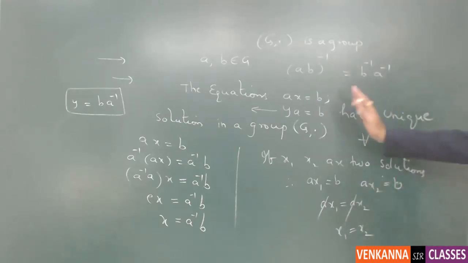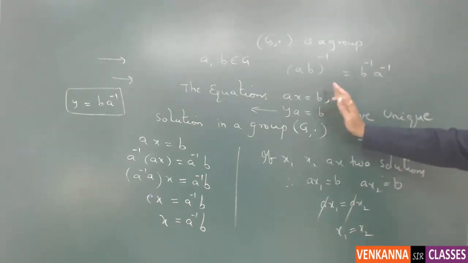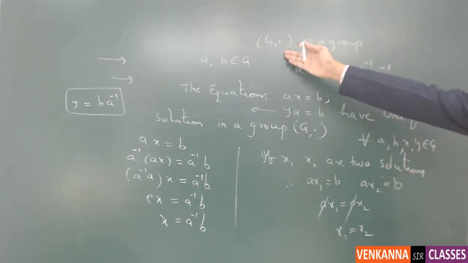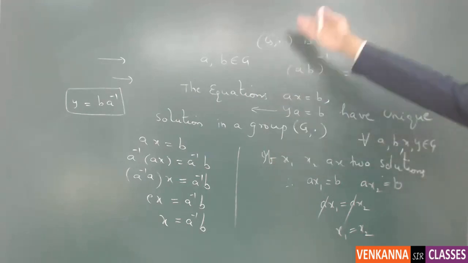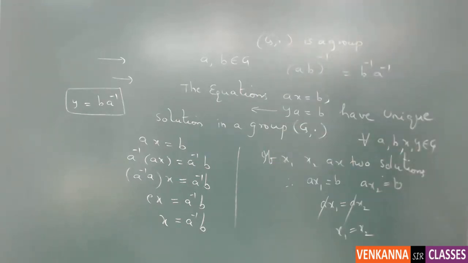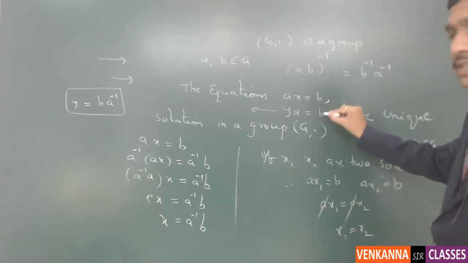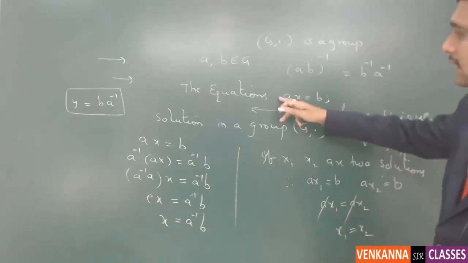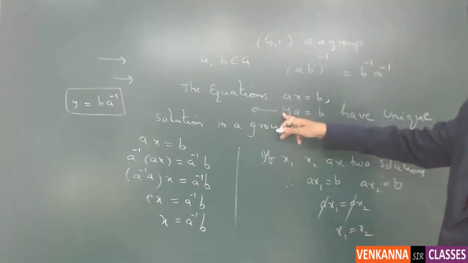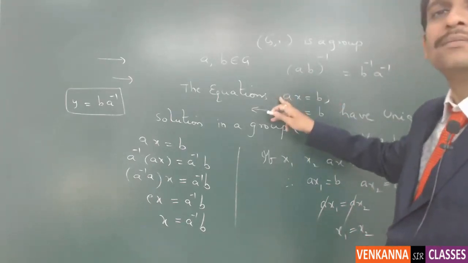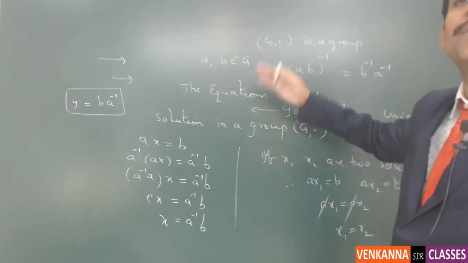This condition is useful because whenever you want to prove that a set is a group, apart from proving the four properties, you can prove these two properties. I have taken this type of equations in that set and they have a unique solution, hence it will become a group.